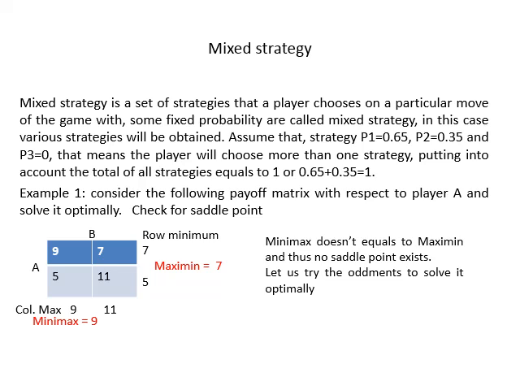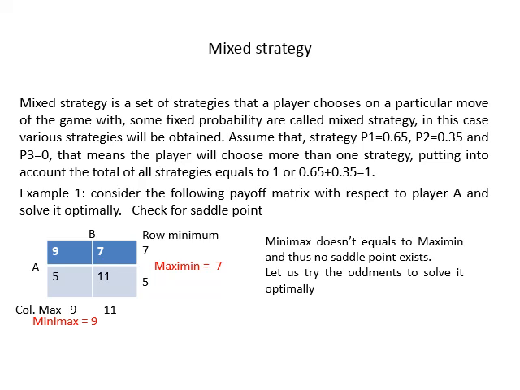In this case, various strategies will be obtained. Assume that strategy P1 equals 0.65 and strategy P2 equals 0.35. Strategy P3 equals 0.